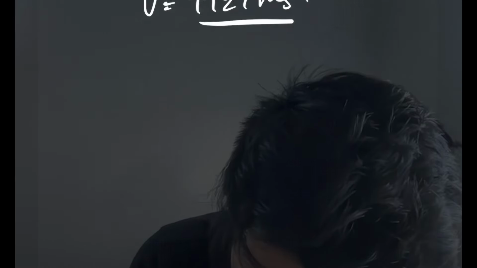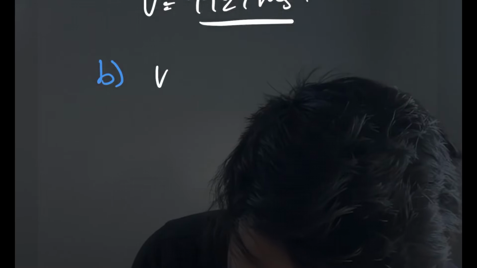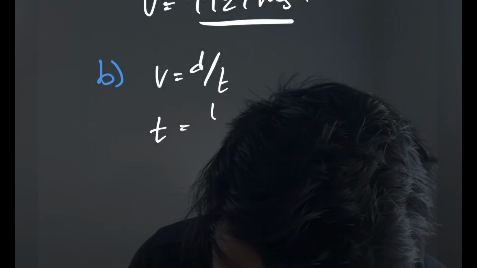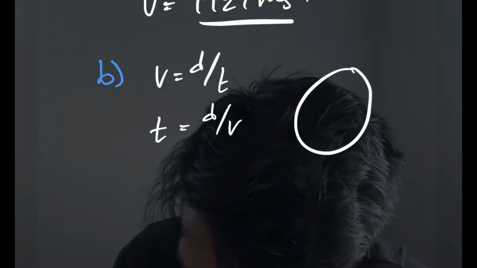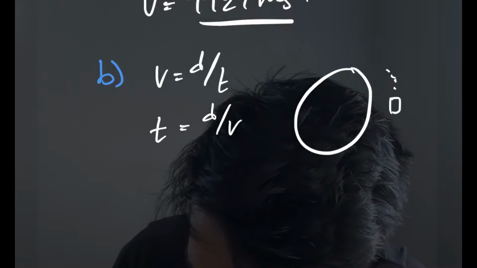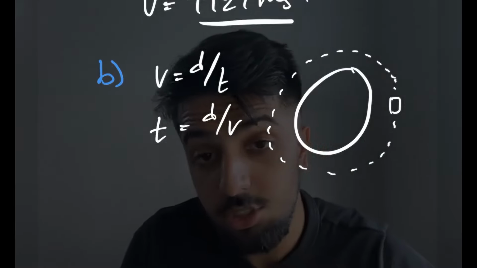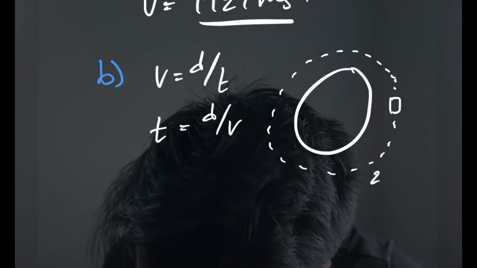So now moving on to part B, the orbital period, we know that velocity is equal to distance over time, and therefore time is equal to distance over velocity. Now if we take our situation again, we have our Earth and we have our car. We can see it moves in a circle like so. And so the total distance covered is the circumference of a circle, which is equal to 2 pi r.